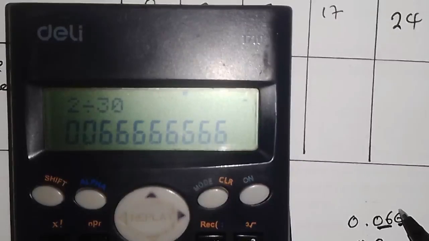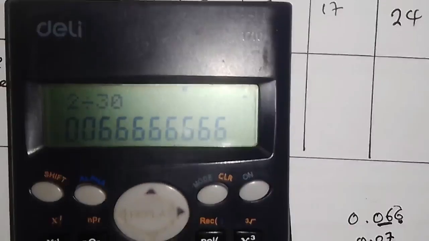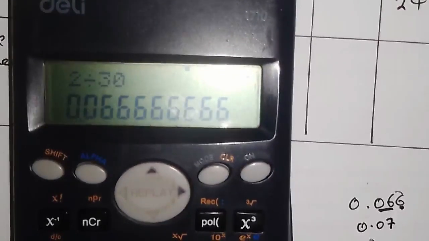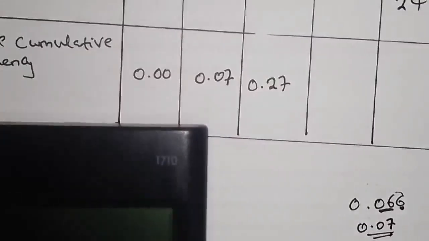From this 6, you get 1 and add it to the other 6, so it will be 7. So this is how they are getting those values. They are rounding off.